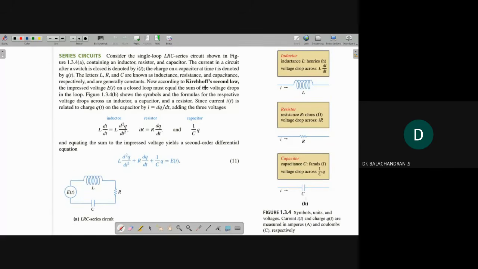Using Kirchhoff's second law, the impressed voltage E of t on a closed loop must be equal to the sum of the voltage drops across the loop.